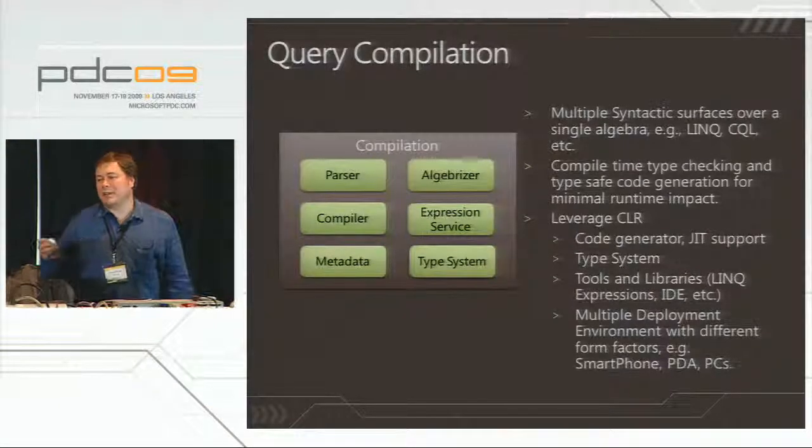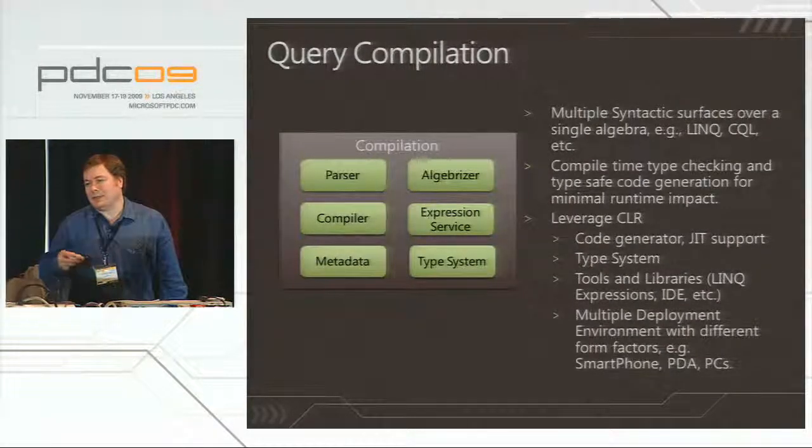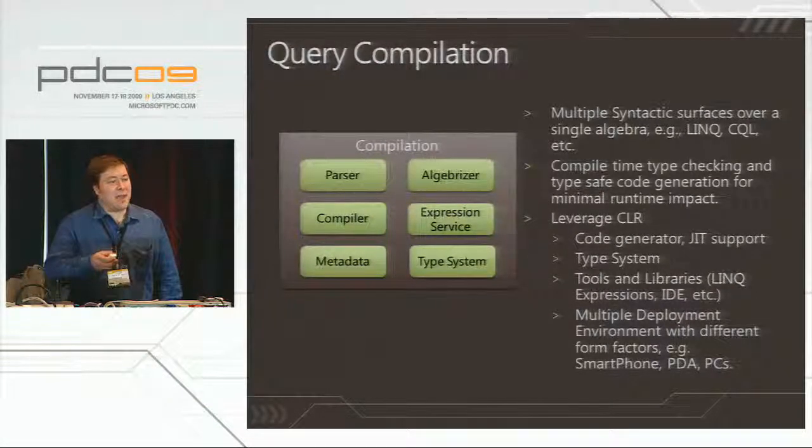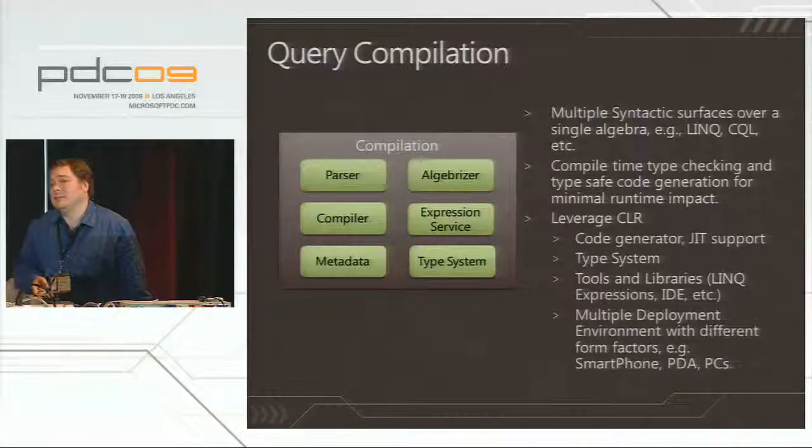Also, using Visual Studio tools and libraries makes developing our tools much easier. And again, as I mentioned, having the CLR and using certain aspects of it makes it easy to port our application. For example, if Silverlight runs somewhere, there's no reason why we couldn't run on the same platform.